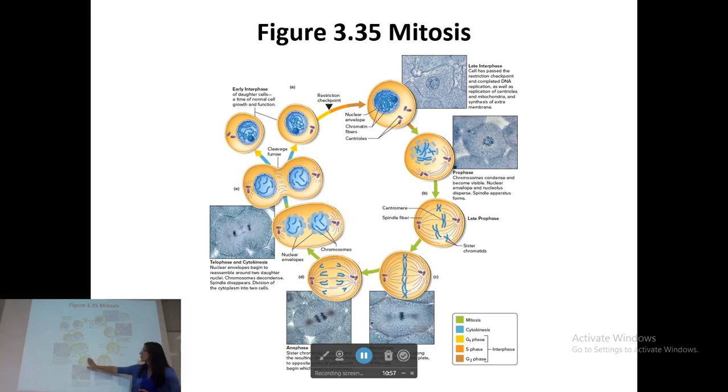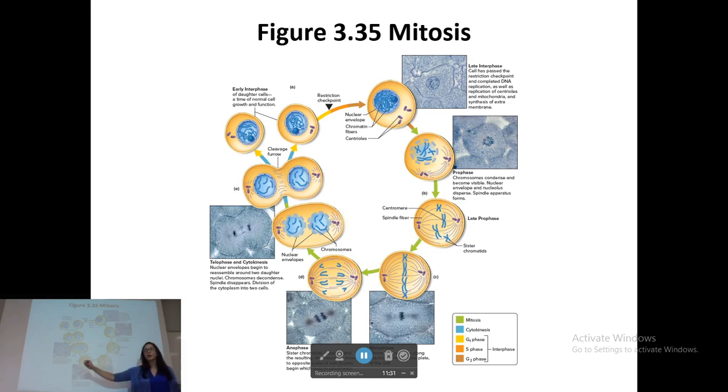Okay? So what you're going to end up with in mitosis is two identical daughter cells. It starts out with one cell, and the DNA is already replicated, okay? And remember that happens in S phase of interphase. Then when it goes into mitosis, that replicated DNA, right here on the chromosome, this side is identical to that side, okay?